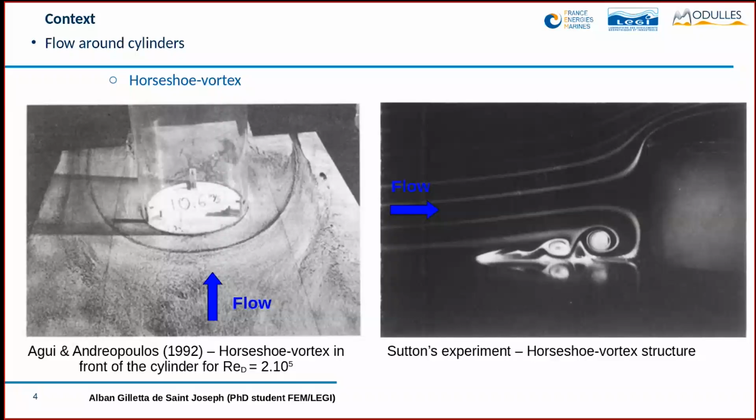On the right plot, you have a slice on the symmetry plane of the previous picture. You can see that the horseshoe vortex is actually formed by several vortices, a primary vortex and also secondary vortices that evolve in time. So you can imagine that these structures can pick up some sand and erode the foundation of the offshore wind turbine.